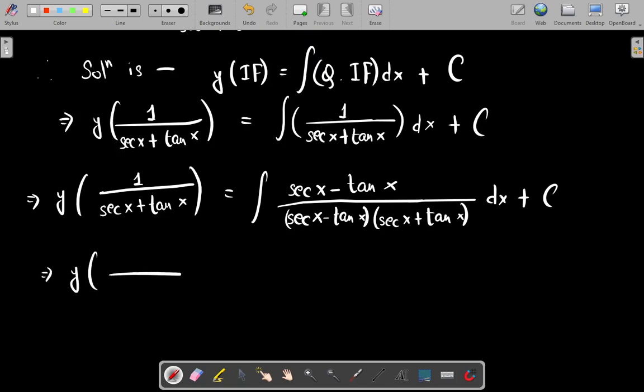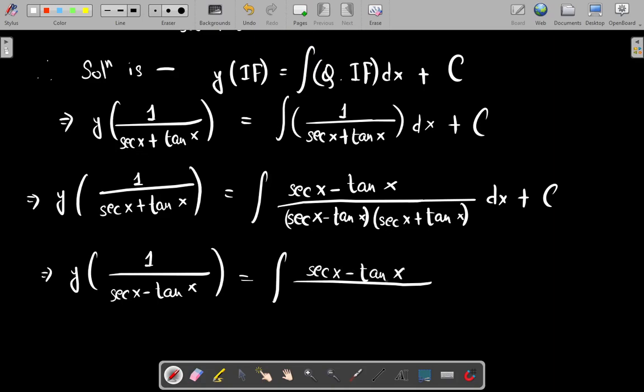Again, I don't change anything in the LHS for the time being. And now this becomes sec square x minus tan square x in the denominator, right? In the numerator, I have sec x minus tan x, dx plus c.